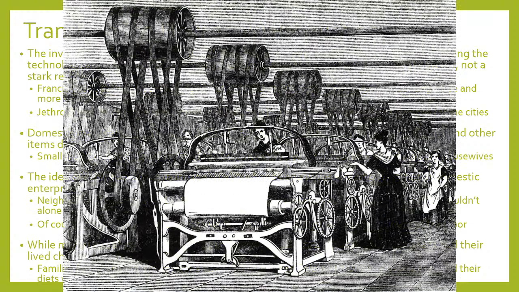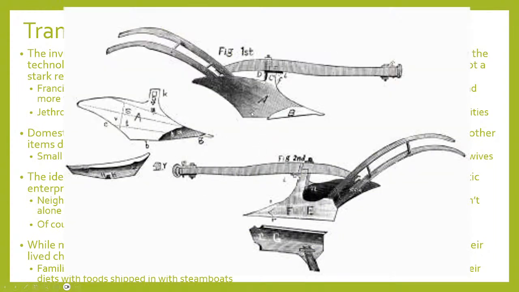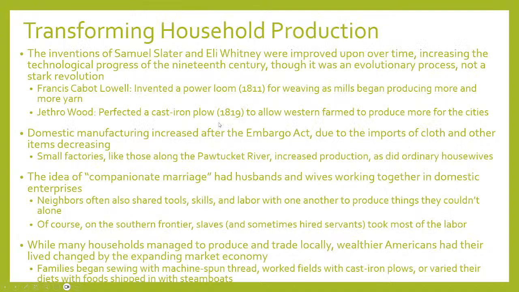So there again, some more of the cloth making machines. Again, you see these shafts, crankshafts along the top to power them. It's a plow, but it's an iron plow. Jethro Wood's plow. Sorry.